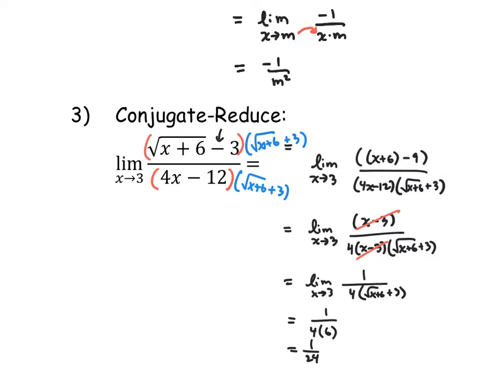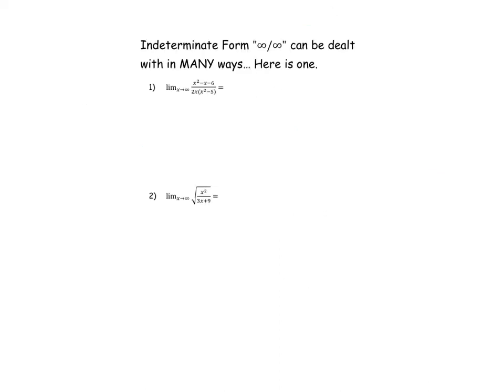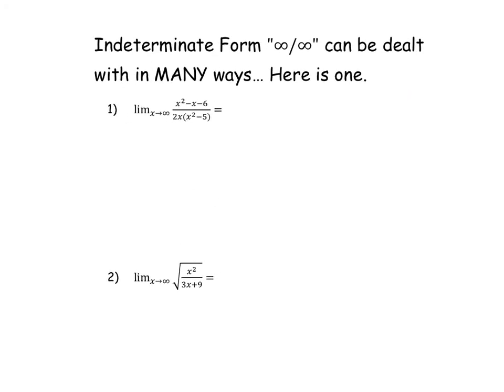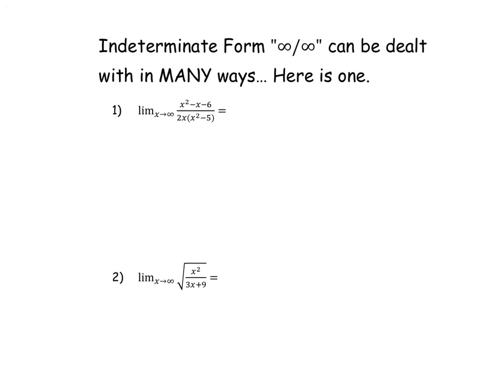All right, so let's move on to the other indeterminate form, infinity over infinity. The indeterminate form infinity over infinity can be dealt with in many ways as well. Here's one way, and I'm going to do 2 examples with the same method. First, I'm going to make sure that both the numerator and denominator are in standard form.